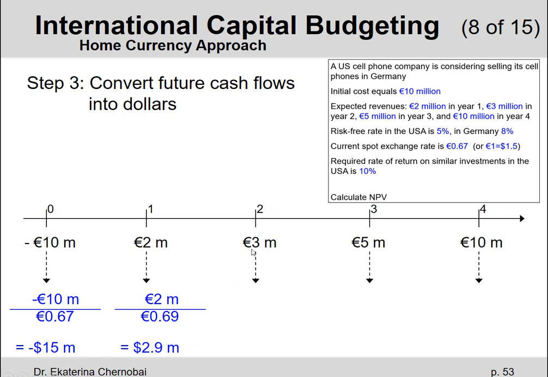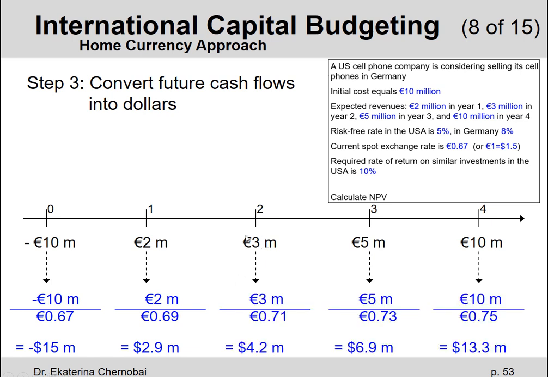And then the same way we divide 3 million euros from year 2, 5 million euros from year 3, and 10 million euros from year 4 by their own exchange rates that we estimated in the previous step for years 2, 3, and 4 to give us the estimated project's cash flows for these years expressed in dollars.